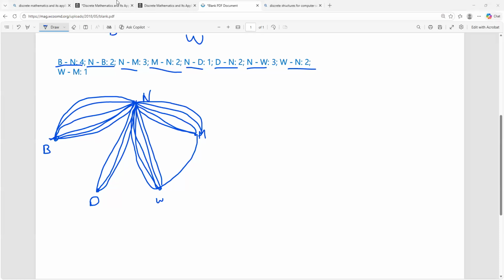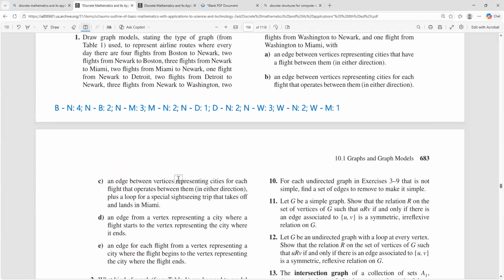Any questions so far? Let's see what the next one is. Okay. So the next one is actually pretty simple because it's the same thing as B, an edge between vertices representing cities for each flight that operates between them in either direction, plus a loop for a special sightseeing trip that takes off and lands in Miami.